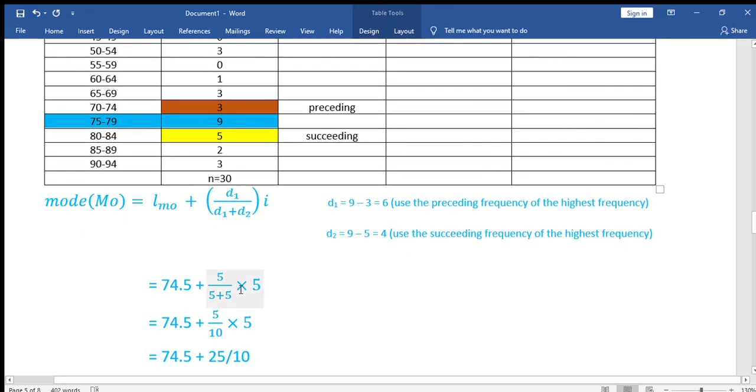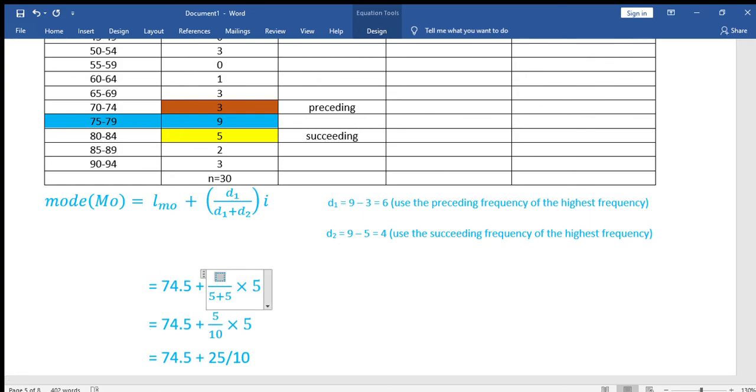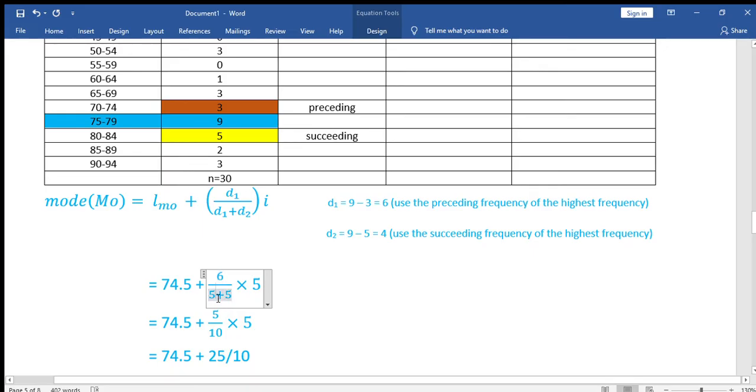Then now, we're just going to replace this. So D sub 1 is equal to 6, then this is 6 plus 4, okay? 6 plus 4, then multiplied by 5. That is our class width. So here we have 6 all over 10.